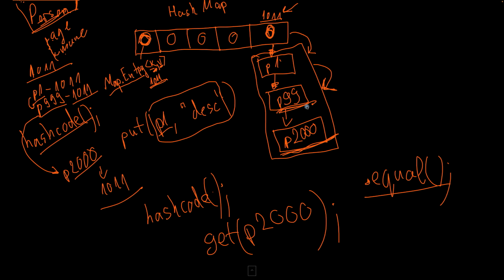It will compare it with person 1999. It will say it is not equal and return false, and then it will compare it with person 2000, and this will return true, and we will retrieve this object.